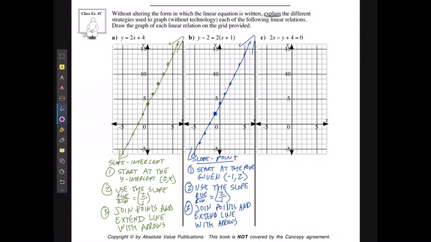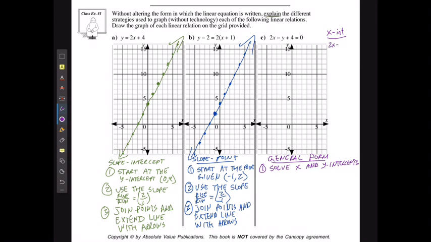The last one is if I have general form. My step 1 is going to be solve x and y intercepts. So in this case, I can state that my x-intercept is going to be when y is equal to 0.